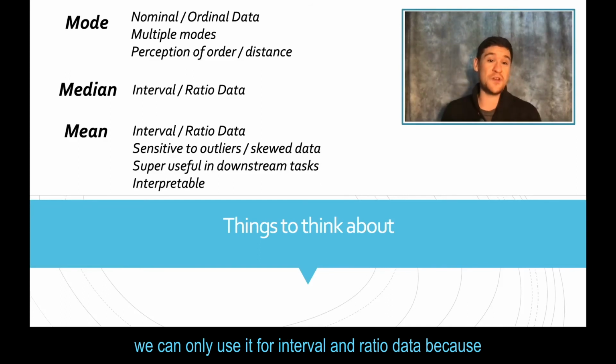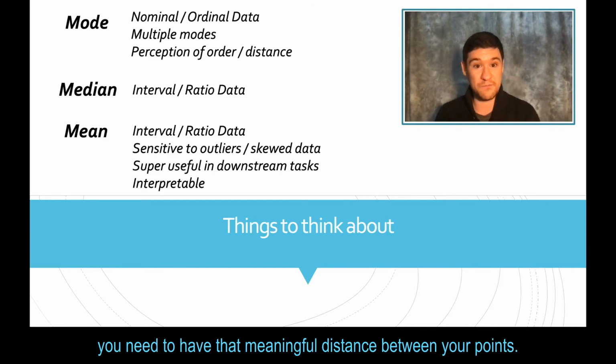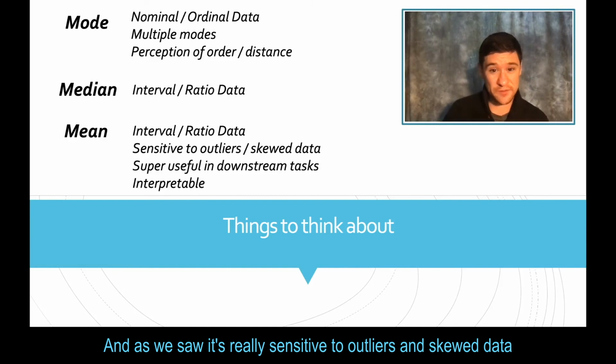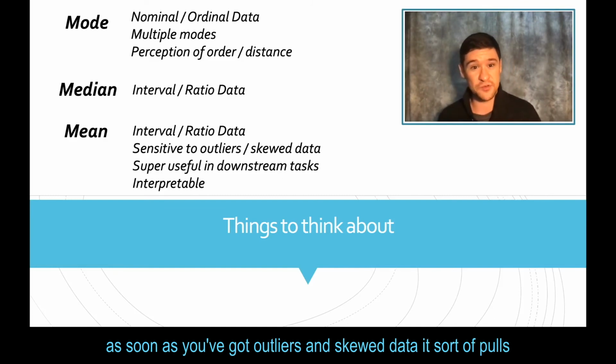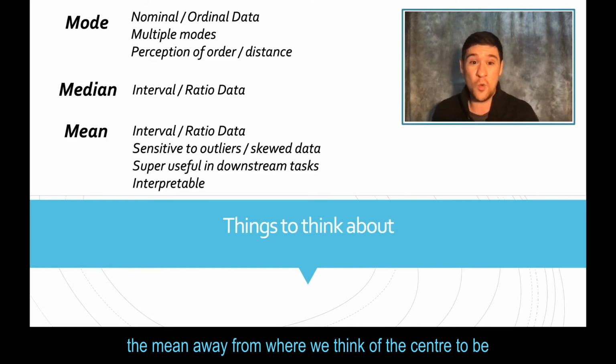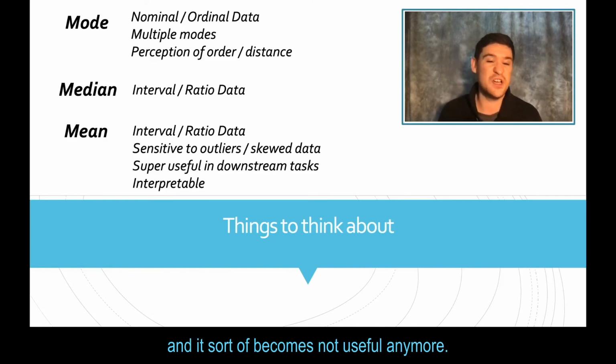We can only use it for interval and ratio data because you need to have that meaningful distance between your points. And as we saw, it's really sensitive to outliers and skewed data. So when you've got outliers and skewed data, it sort of pulls the mean away from where we think of the centre to be, and it sort of becomes not useful anymore.